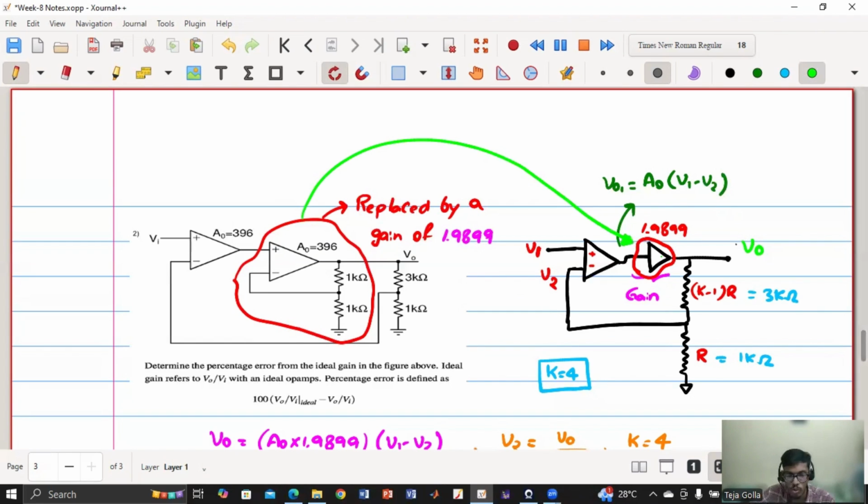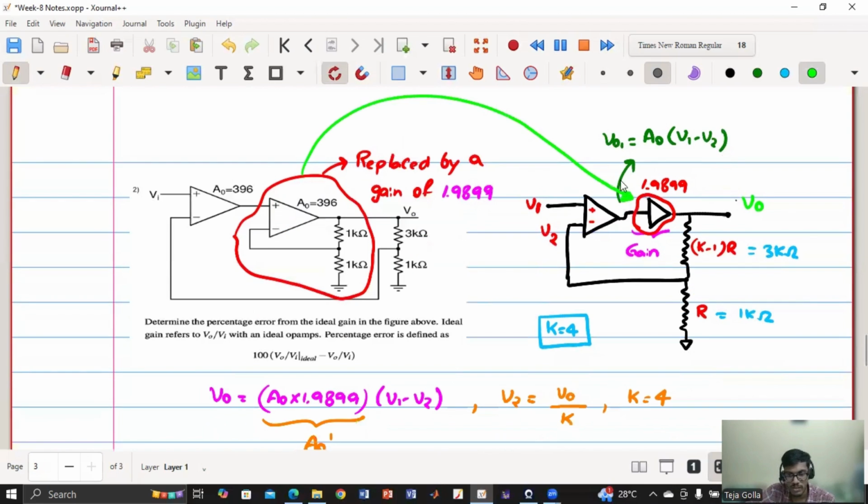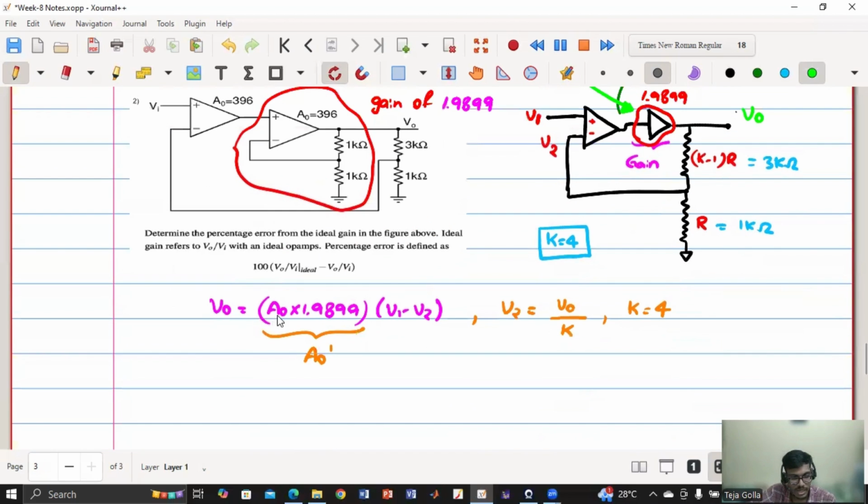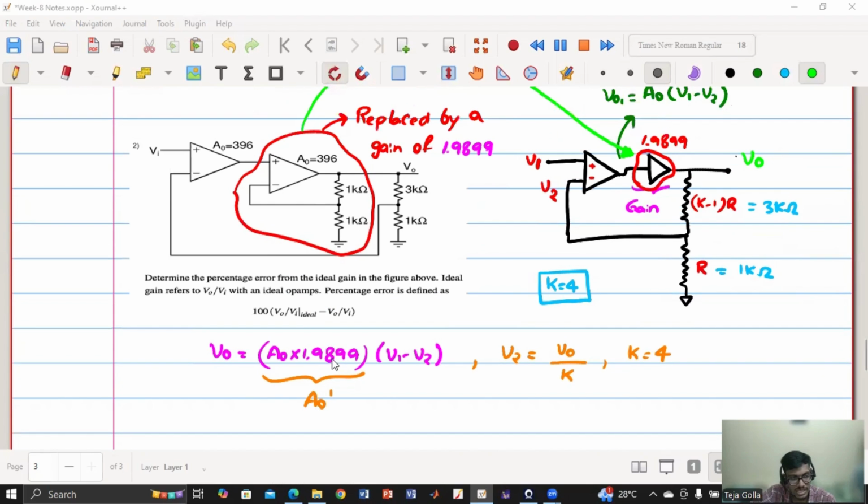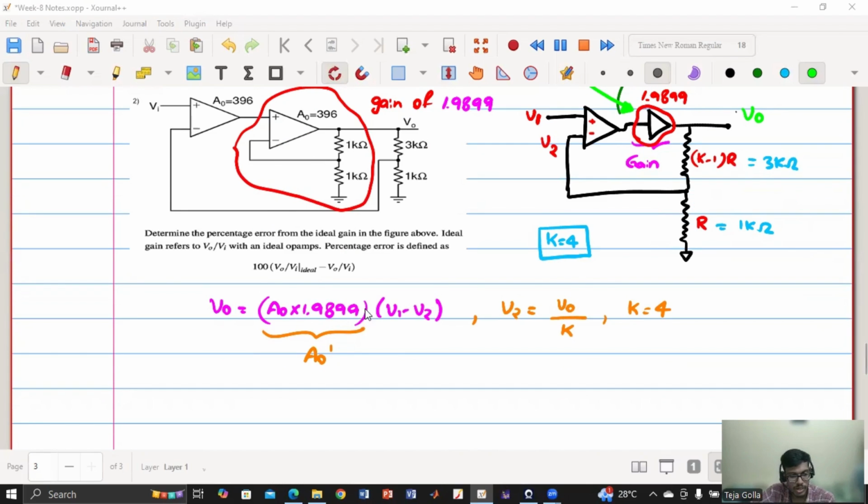So the first op-amp gain is A naught, and the internal circuit I have represented as 1.9899. So V naught 1 is A naught into V1 minus V2, and V naught is V naught 1 into 1.9899. So basically V naught is A naught into 1.9899 times V1 minus V2, and V2 is V naught by K, and K is 4. Sir, then it's 396 times 1.98. Yes. So my A naught dash is 396 times 1.9899.